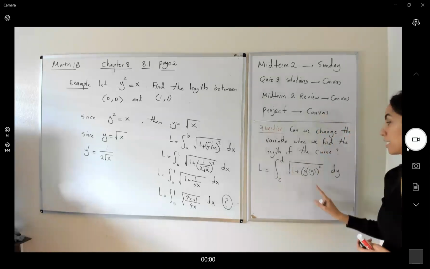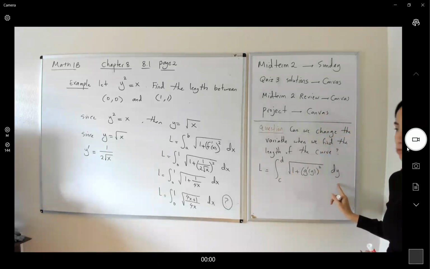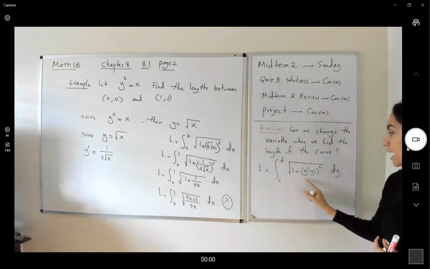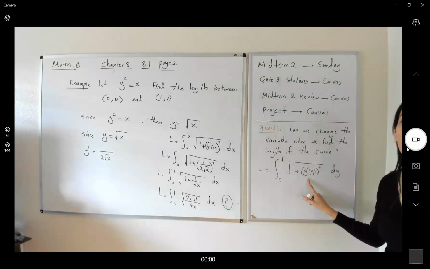I'm taking the integral with respect to y, so when I'm using the length formula, inside the radical I have to take the derivative of the function with respect to variable y.